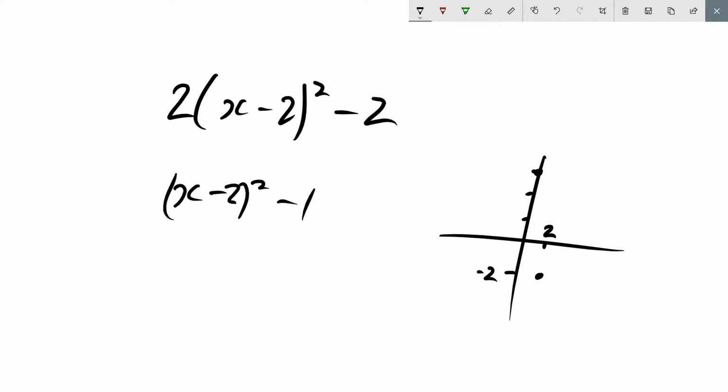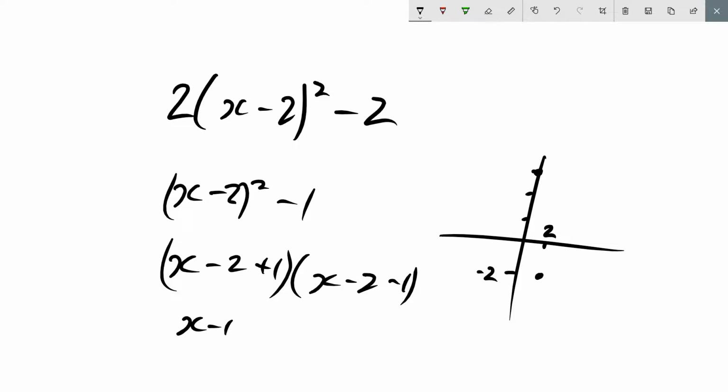Just like this. So that's it in factorized form.